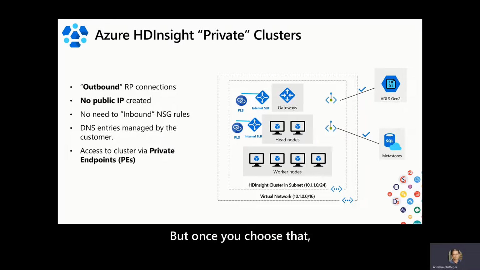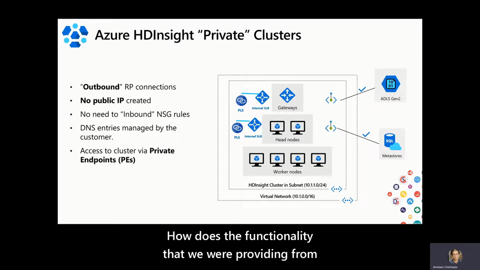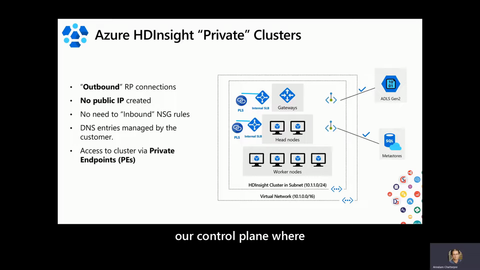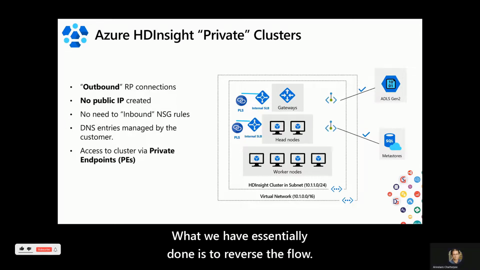Once you choose that, you truly have no public IP addresses, so your cluster is completely invisible to the public internet. So how does the functionality that we were providing from our control plane, where our control plane was monitoring the HDInsight cluster, how does that work? What we have essentially done is to reverse the flow.